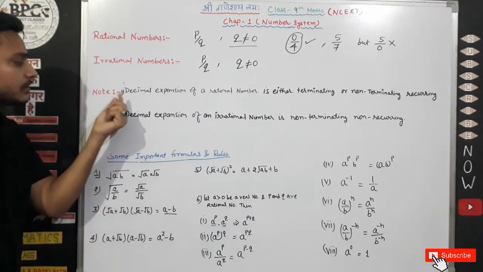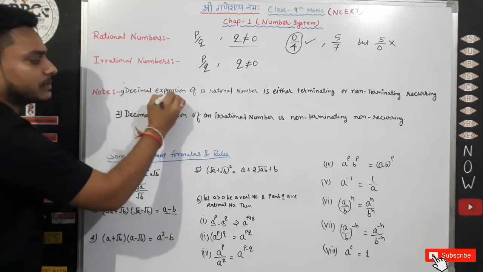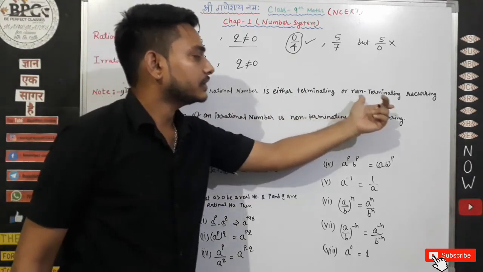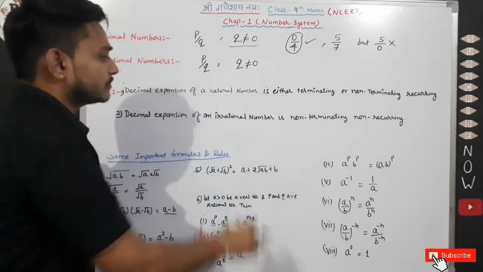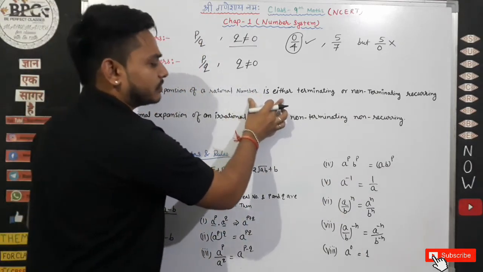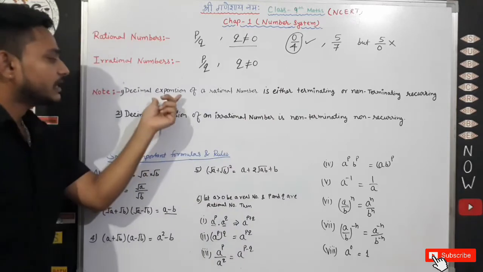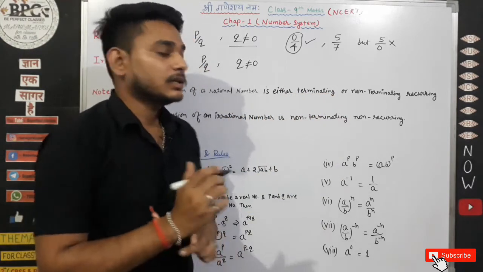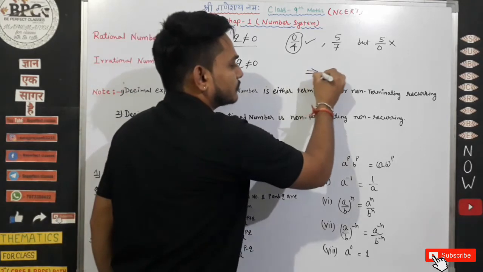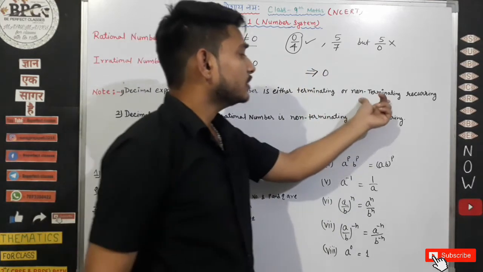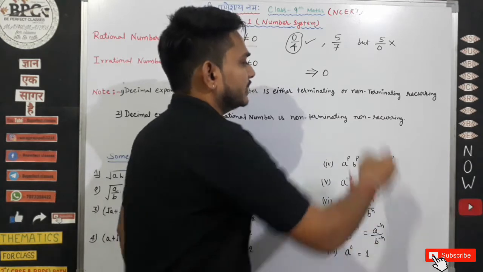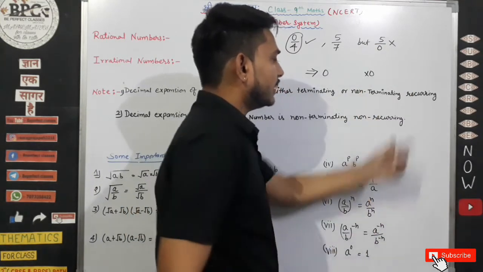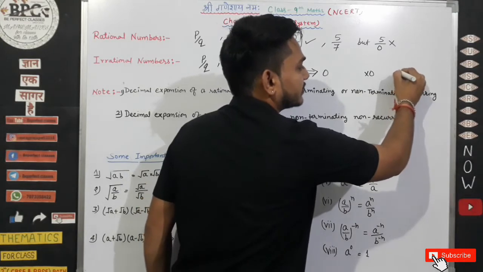What is the first note? The decimal expansion of a rational number is either terminating or non-terminating recurring. It means the decimal expansion is terminating, means approx its value goes to 0, or non-terminating recurring means it is not 0 and recurring means repeating itself.